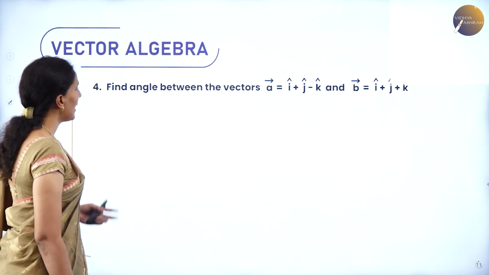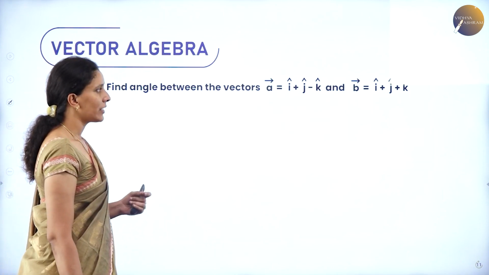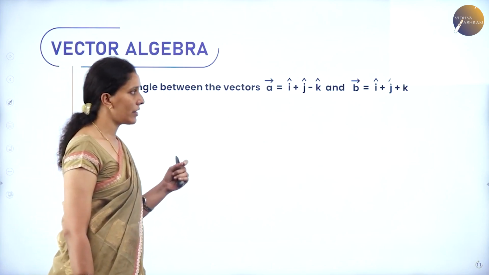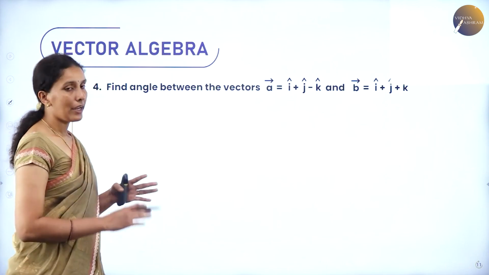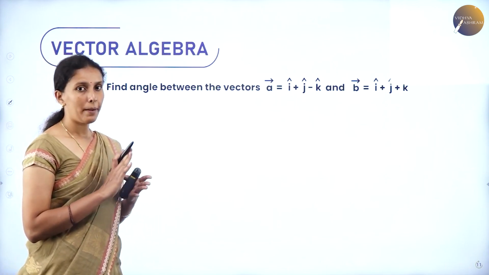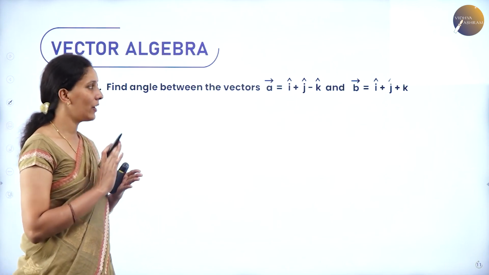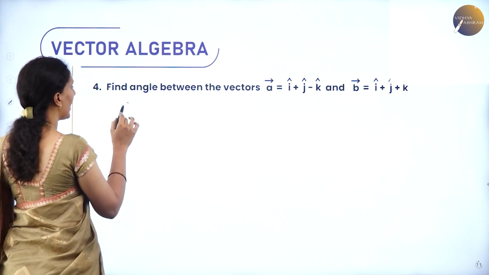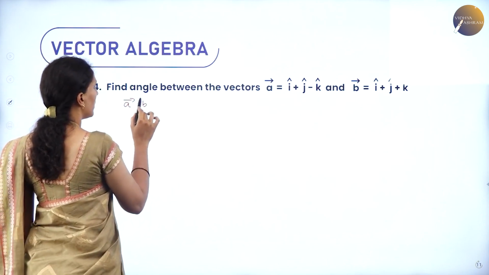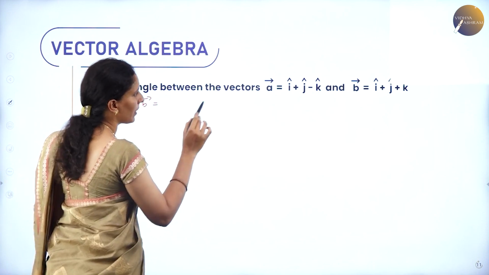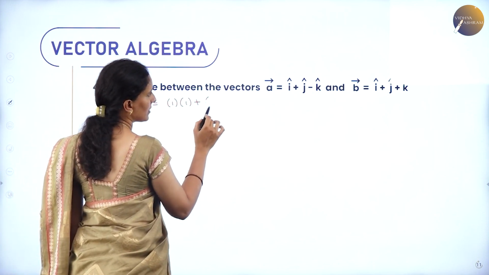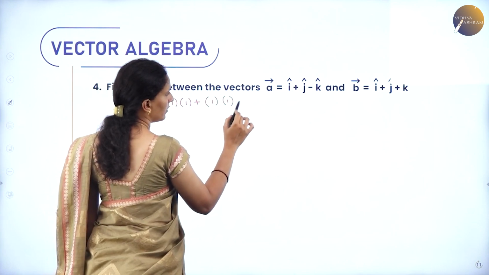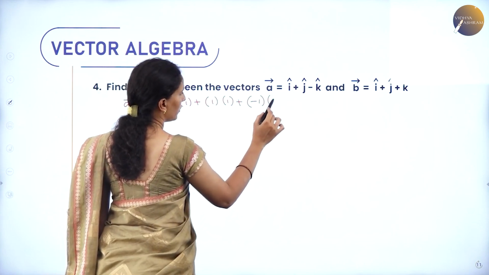Next, find the angle between the vectors A equal to i plus j minus k and B equal to i plus j plus k. Again, we need to find the magnitude of A, magnitude of B and A dot B. Let's find A dot B. First we multiply the i components, so 1 into 1 plus 1 into 1 plus minus 1 into 1.